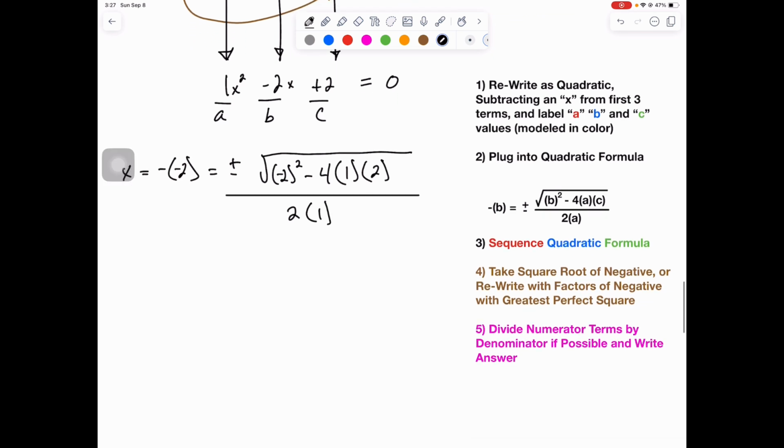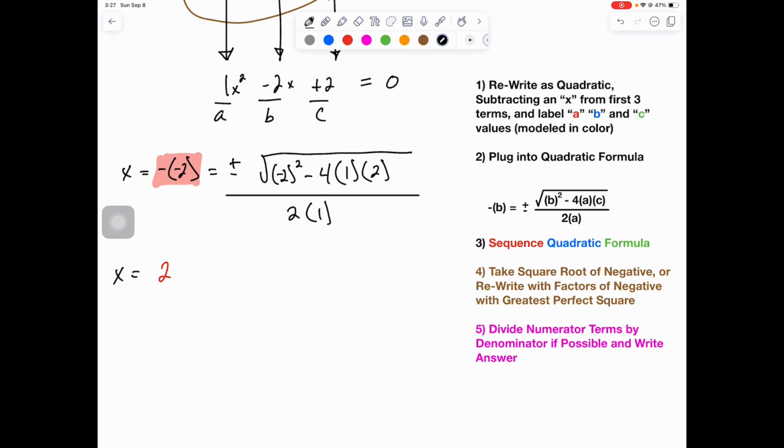All right, from here, we will sequence the quadratic formula, and I just want to do the arithmetic with you. So our x equals, I'm just going to bring down. Now in our calculator, when we do negative times -2, we do get a +2.